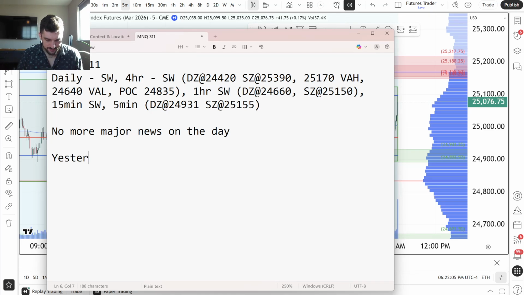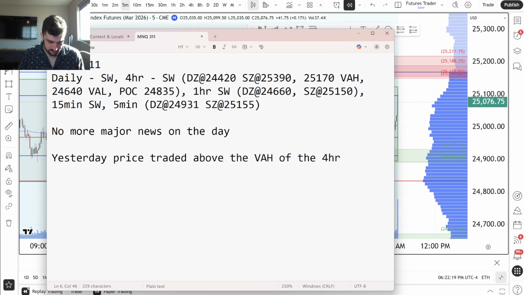we see that yesterday, price traded above the value area high of the 4-hour sideways market, okay?